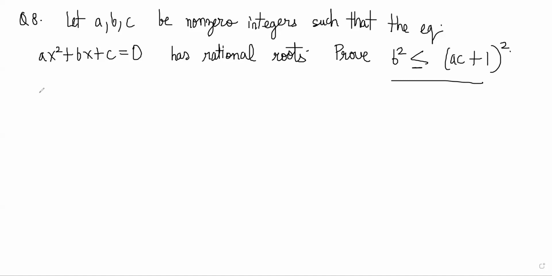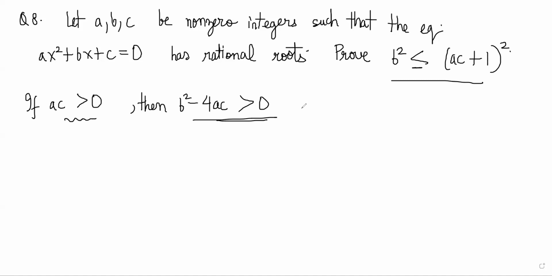If AC is greater than 0, then B square minus 4AC is clearly greater than 0.